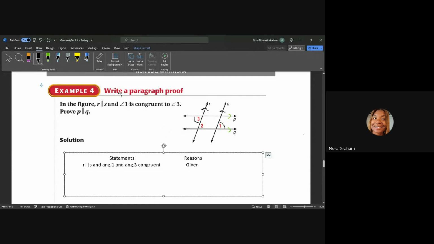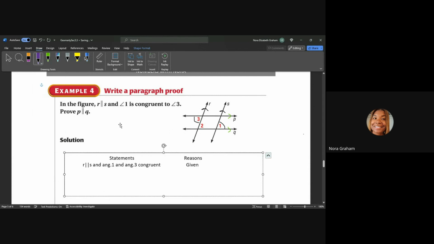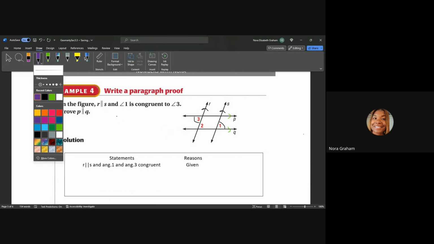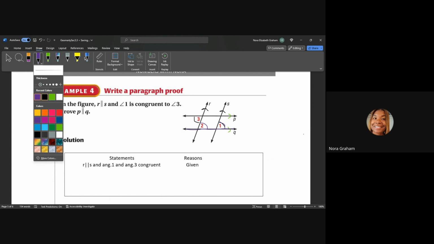Then I know that angle 1 and angle 2 have to be congruent by the corresponding angles theorem or postulate.